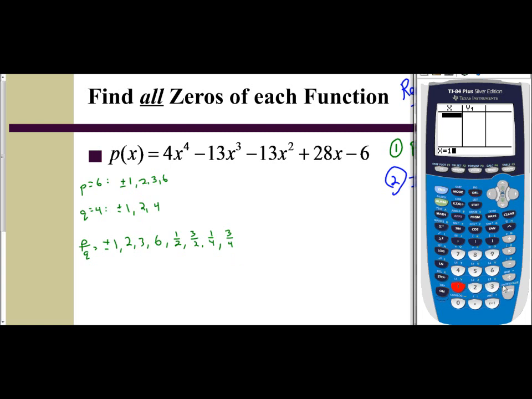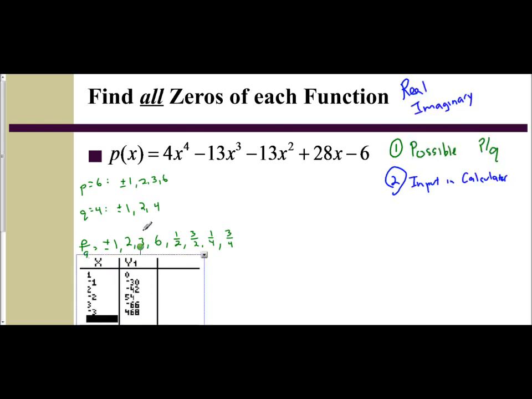Remember, if I do 1, I have to do -1 as well. And so 2 and -2, 3 and -3. I'll just stop there, grab it, bring it down. Now look at it, and we can see we do have a 0 at x equals 1. And so here is one of my zeros.